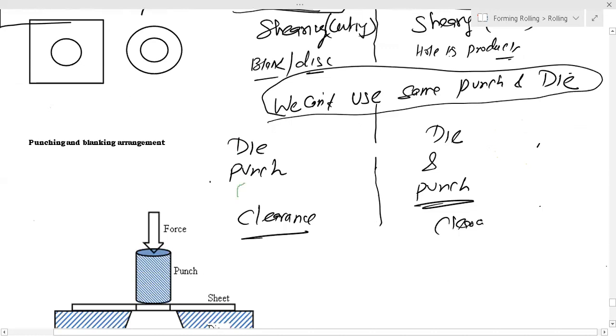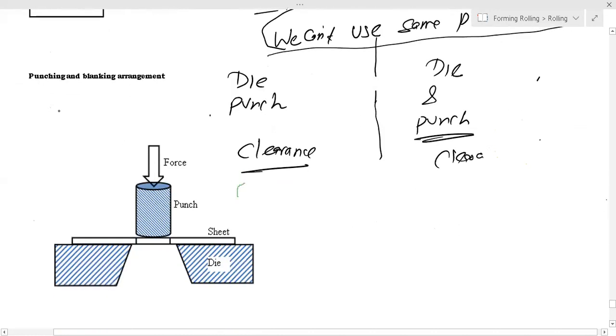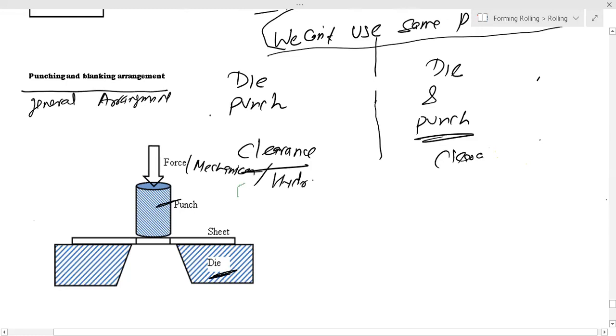So this is a general arrangement of a shearing operation, punching and blanking operation. So you have one die, then you have one punch, and then you are applying a force, whether it is mechanical force or hydraulic force, right? And you have your sheet.